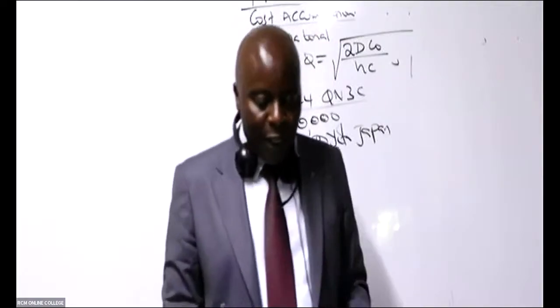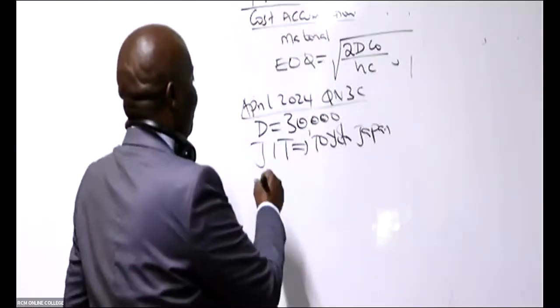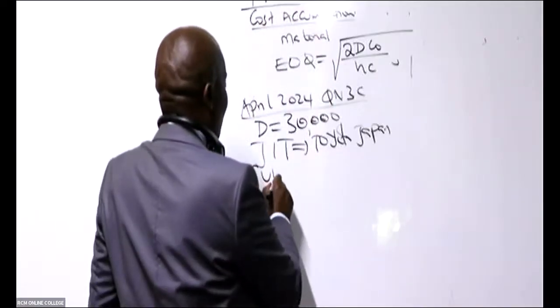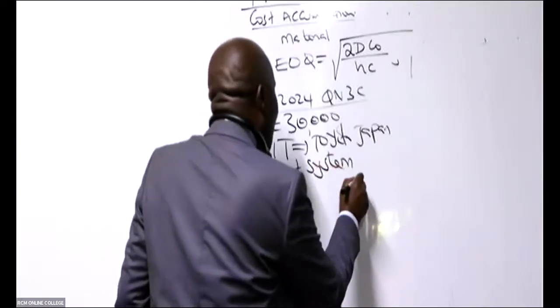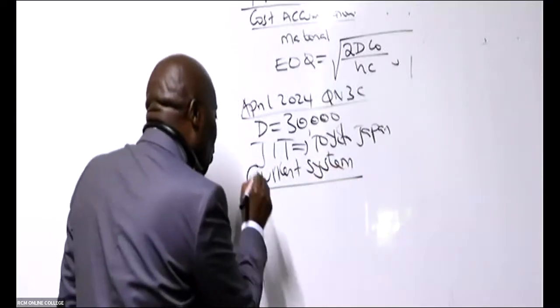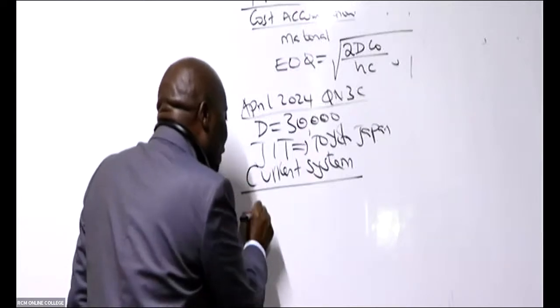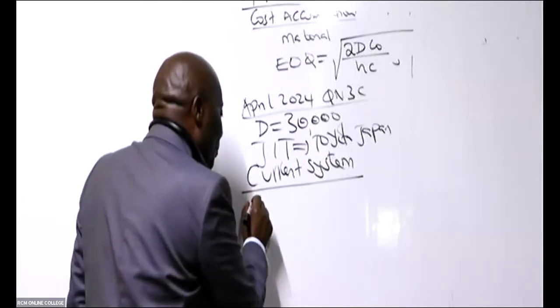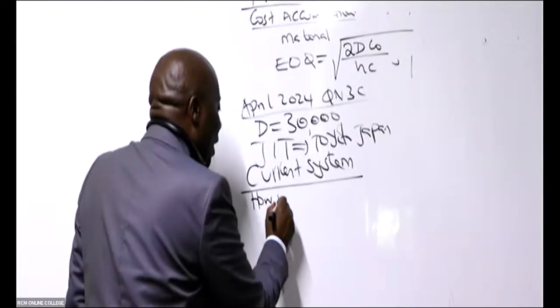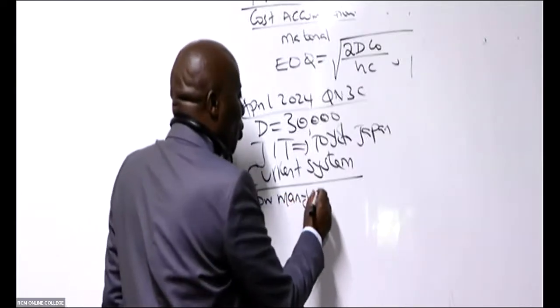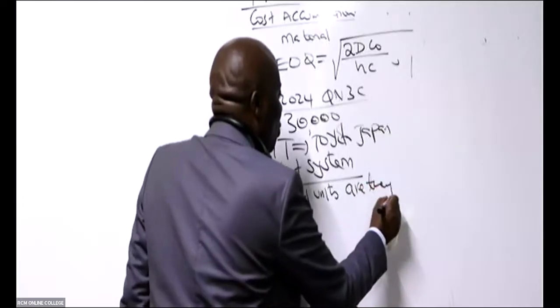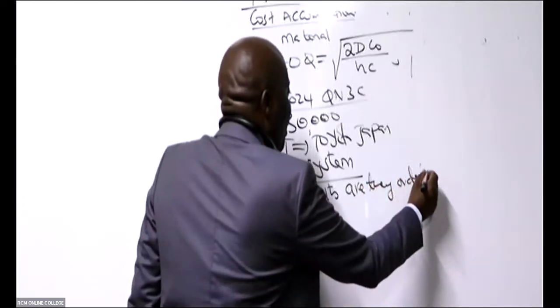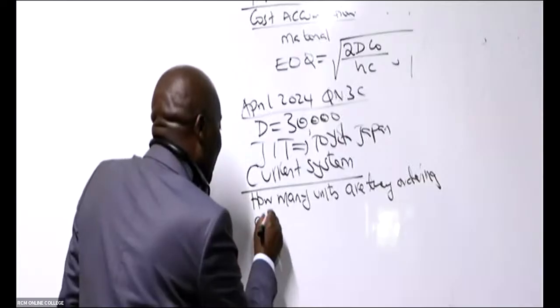So we start with the current system. The first thing that I would want to know is how many units they are ordering at a time.